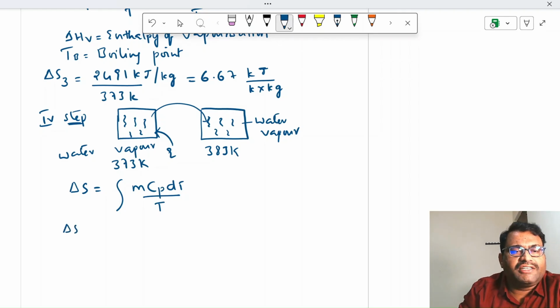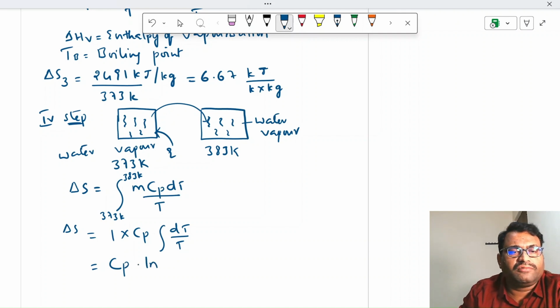So delta S, with T initial 373 Kelvin and T final 383 Kelvin, and mass 1 kg, is Cp times the integration of dT by T, which is Cp into log 383 by 373.